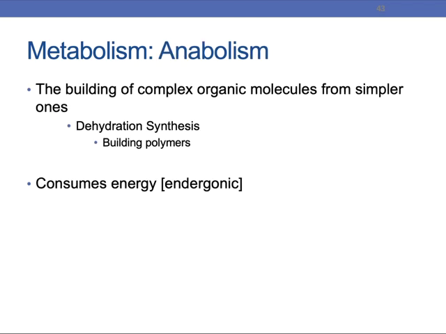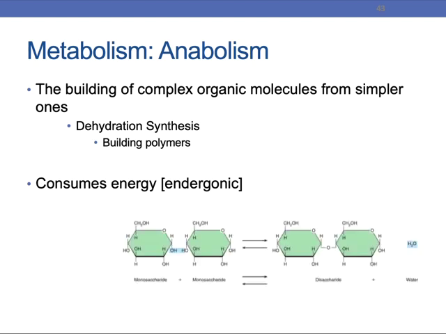Anabolism is when complex molecules are built or created from very simple ones, and it uses the process of dehydration synthesis. Dehydration synthesis is when water is taken out of the simpler molecules as they are joined together.